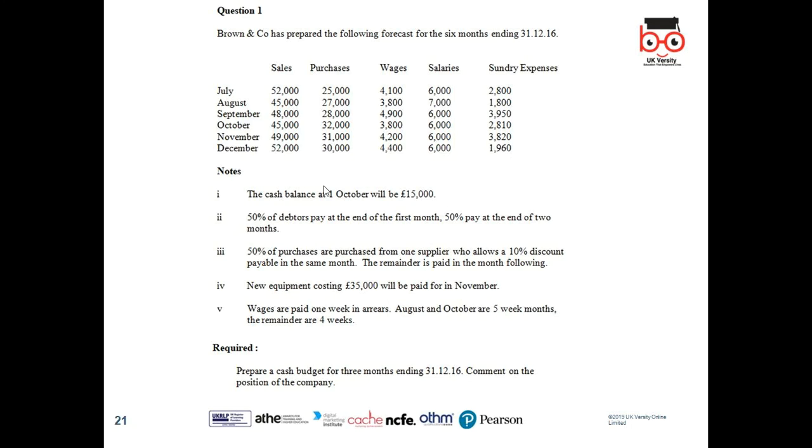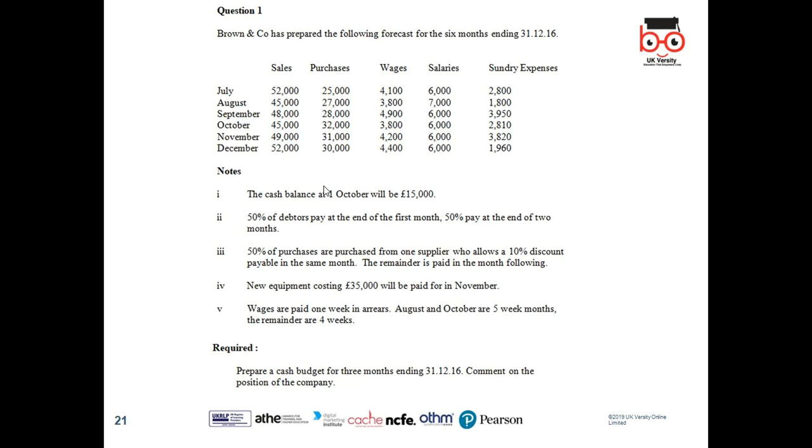Of that 12,500, we are not going to pay the supplier the full amount. They will give us a 10% discount on it, so the remaining money we will pay. That's the policy we set. And the remaining 50%, which is 12,500, we'll pay after one month.